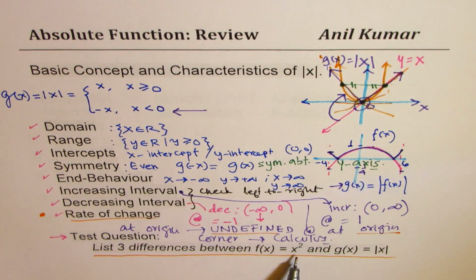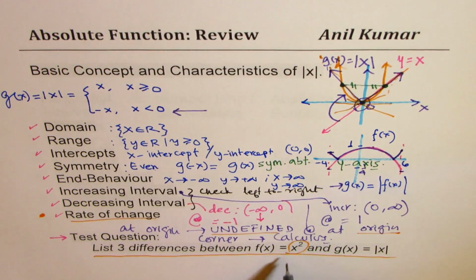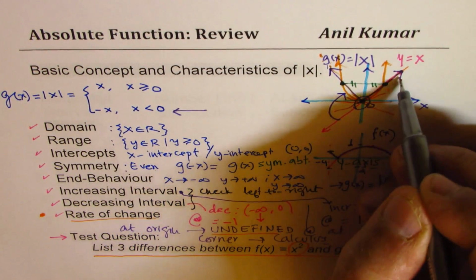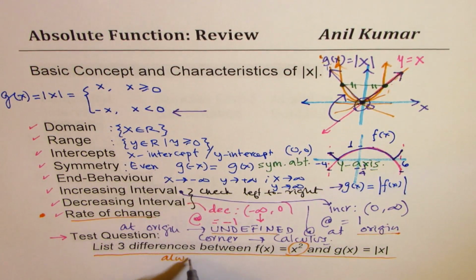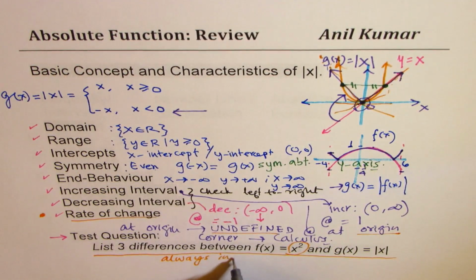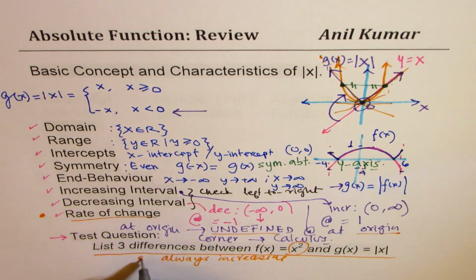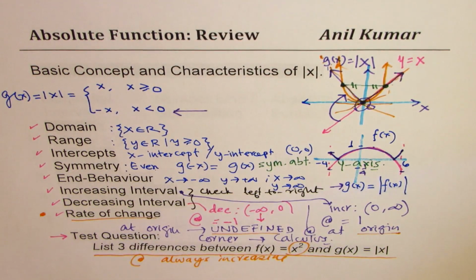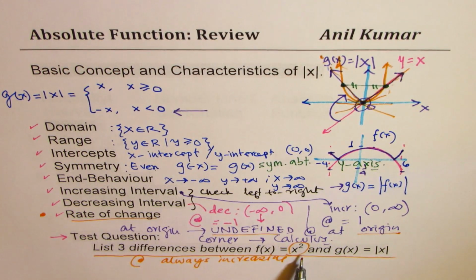In a parabola, x squared, what happens to the rate of change? In a parabola, the rate of change is always increasing, and that gives you a huge difference between absolute functions and parabolas, right?